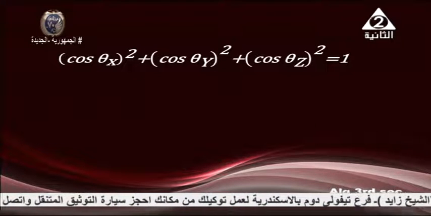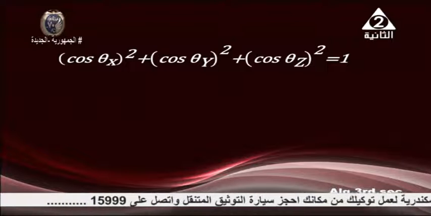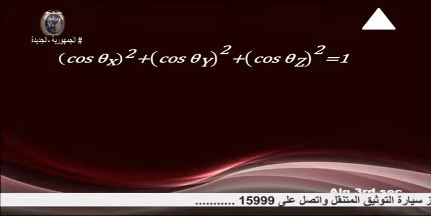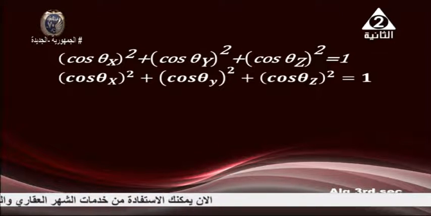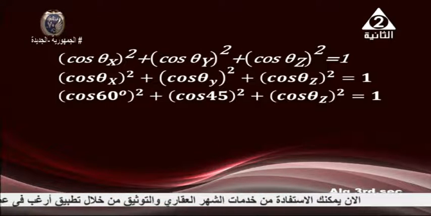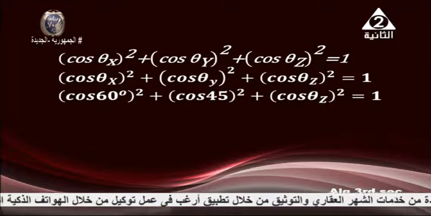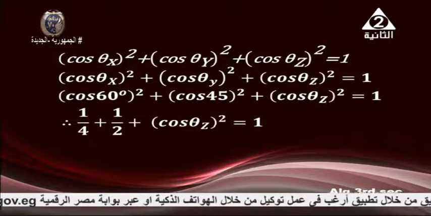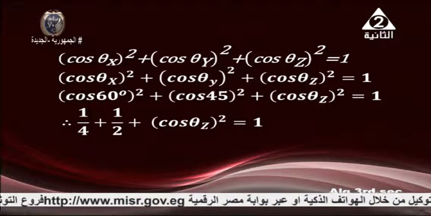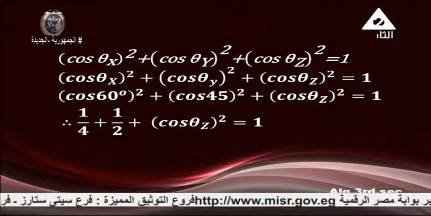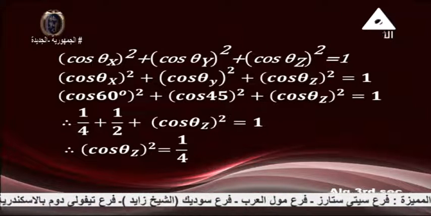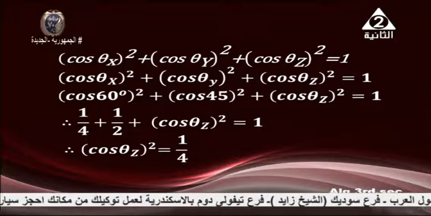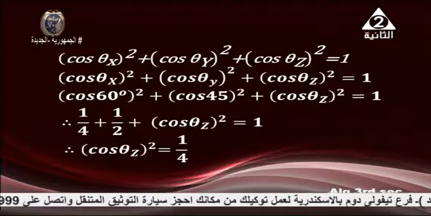By substitution, cosine x squared plus cosine y squared plus cosine z squared equals 1. Therefore, my dear student, cosine z squared equals 1 minus (1/4 plus 1/2), which equals 1/4. This is cosine z squared.